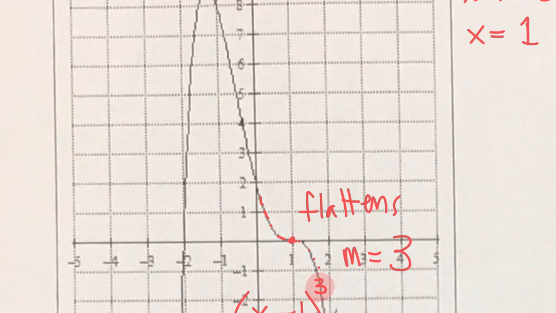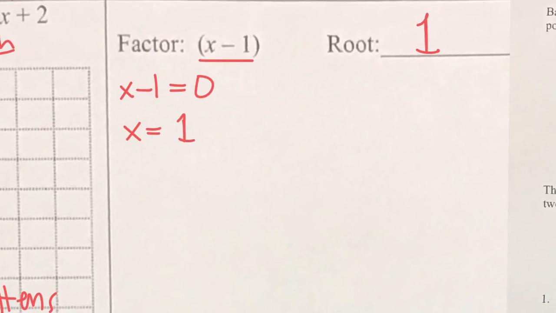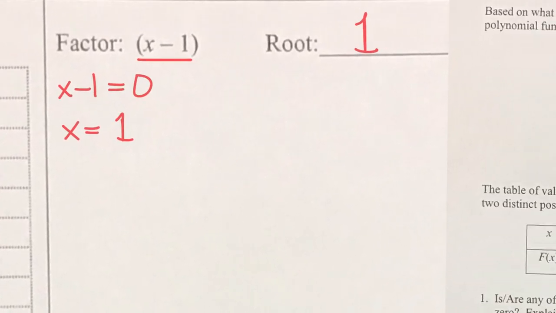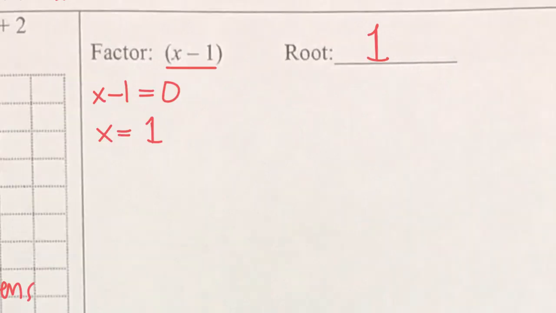As we come back to our problem, it says, how many times is 1 going to be a factor? To figure out how many times our root is a 0, we're going to do a polynomial long division.